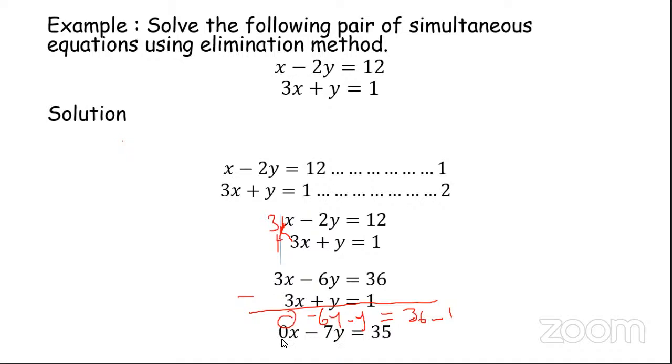So generally that would give us 0. Negative 6y minus y would give us negative 7y equaling to 35. So we say negative 7y is equal to 35. So to find the value of y, we would just divide both sides by 7.